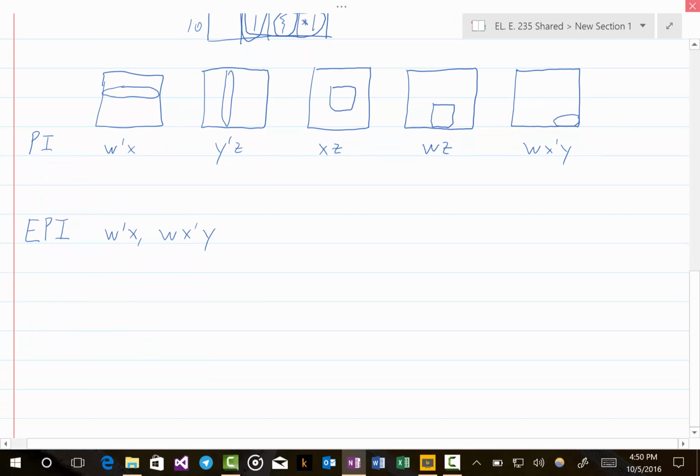So now we finish up the problem. We list our minimal sums.